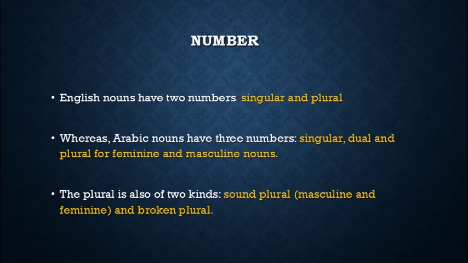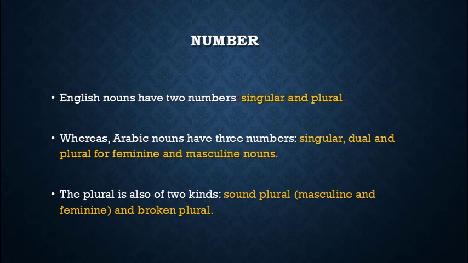The sound plural is the one we all know, السالم, you know, جمع المذكر السالم وجمع المؤنث السالم. What is the meaning of السالم, or sound plural? It means that it has regular inflection, a regular suffix.